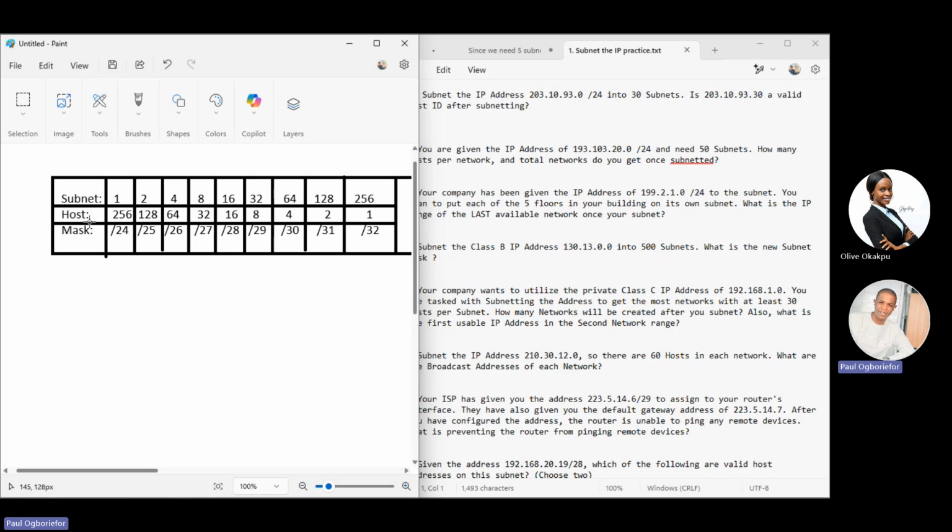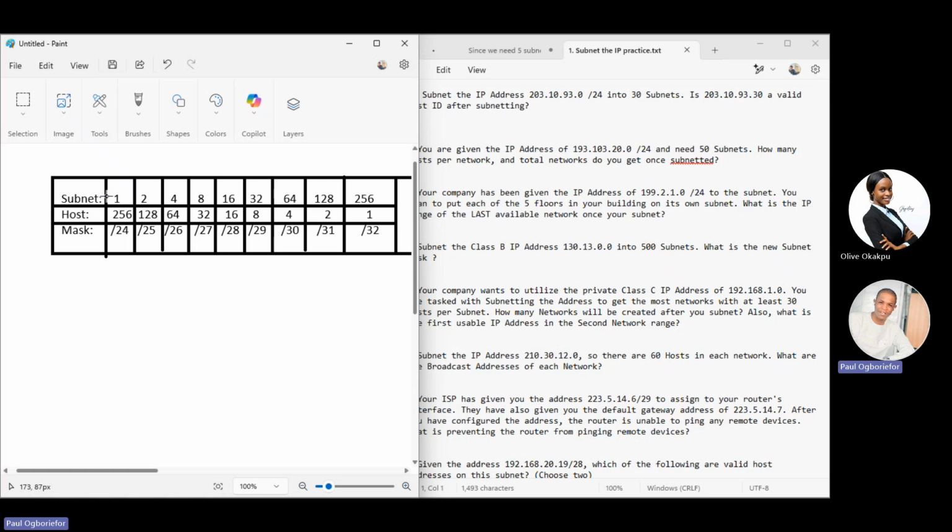Look at it. We have the subnet here, which is the network. And we are dealing with class C, for example. This is basically for class C, this table. I see one here. This means that the network is whole, like the network is one, right? This is the full network.